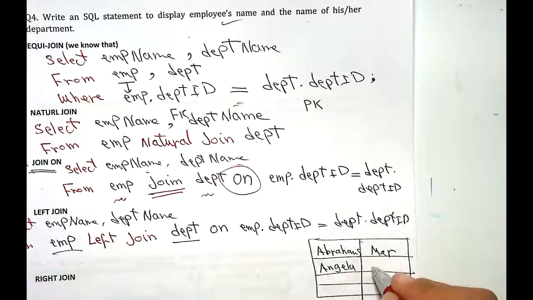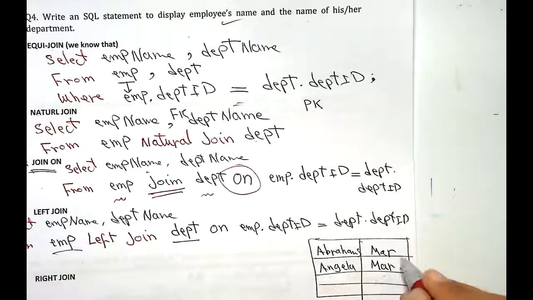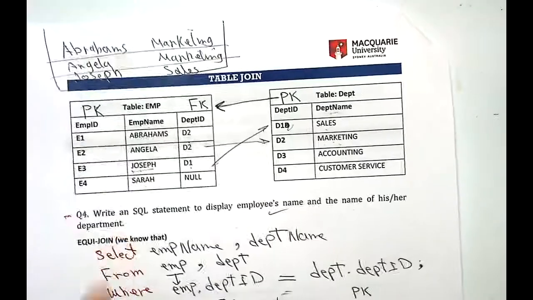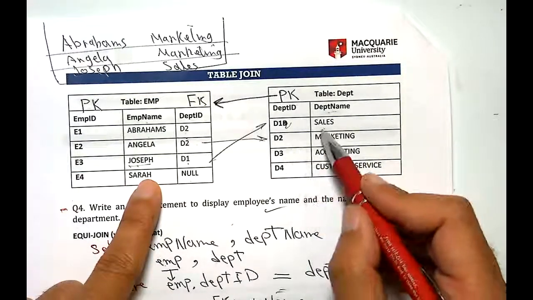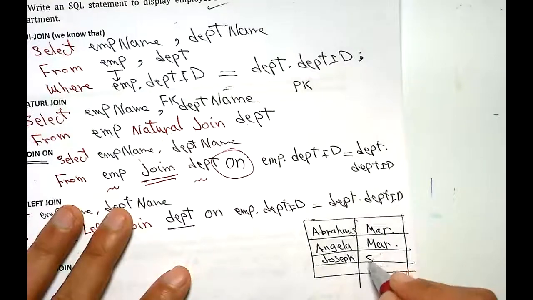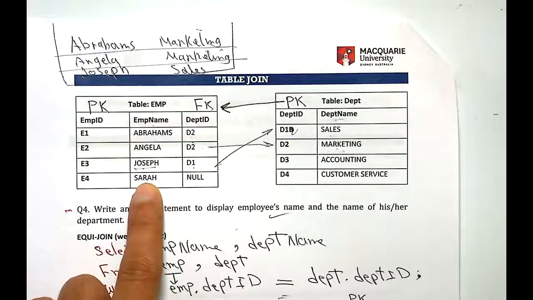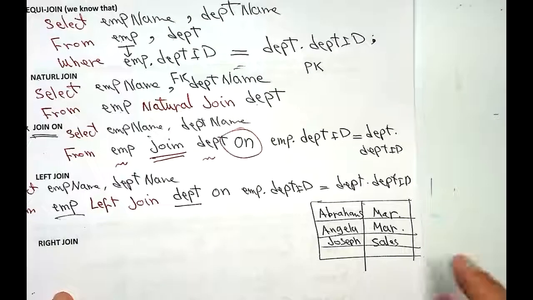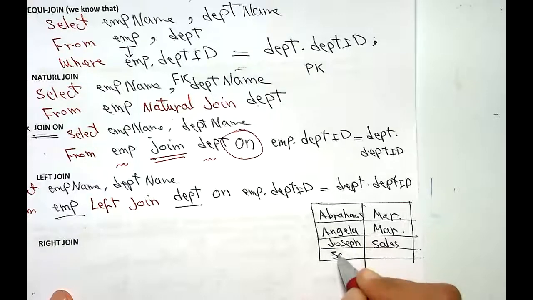And what is the department? Marketing. And number 3, Joseph, who works in number 1, sales. And number 4, Sarah. What is the department Sarah works in? Null. So it will write here Sarah and null.